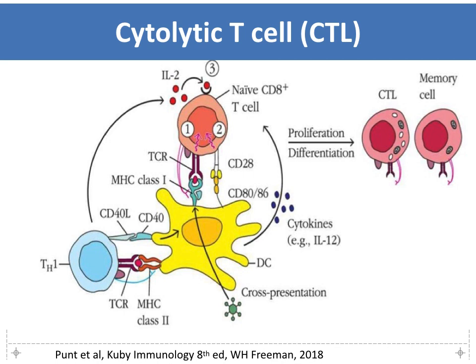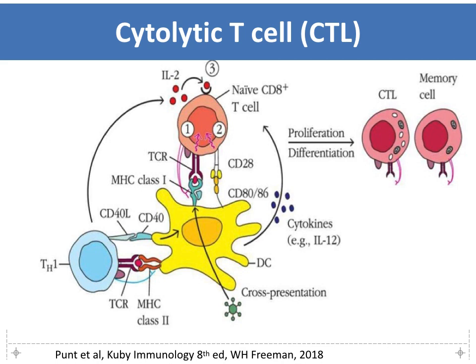However, it seems that the presenting cell here, shown in yellow, the dendritic cell, has to be helped by the T helper cell or a CD4 T cell belonging to a particular subset, Th1.